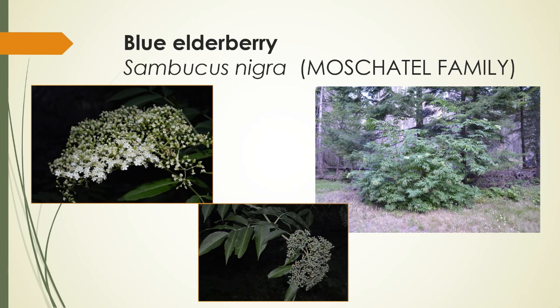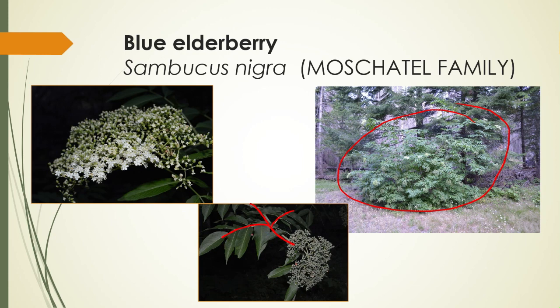Another one you'll find in the forest pretty commonly, but really just scattered here and there, not really abundant, is the blue elderberry. Kind of a big, messy shrub in a way. And it does have opposite leaves, just like all the ones we're looking at here. So on this bottom picture, here's the main stem, and then it has a leaf coming out here and another one coming out here.